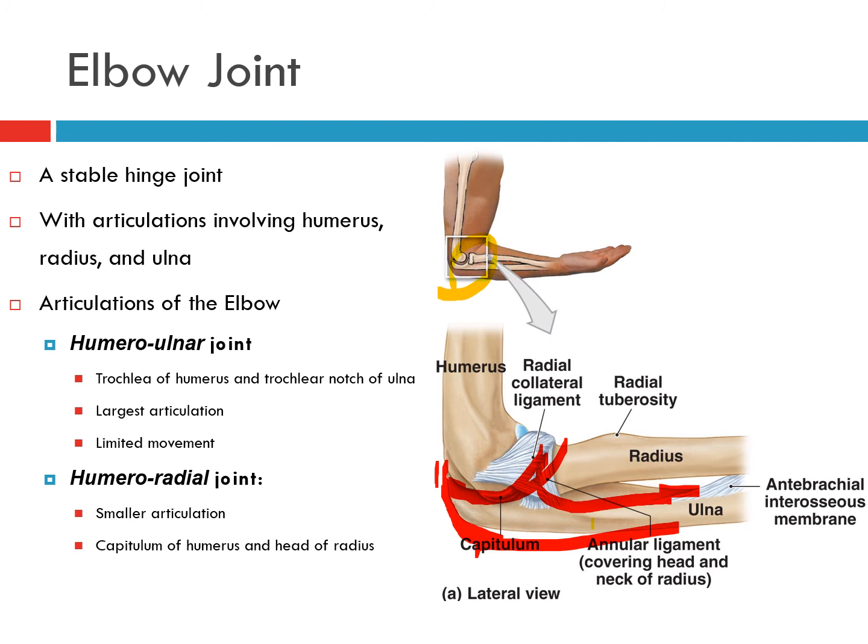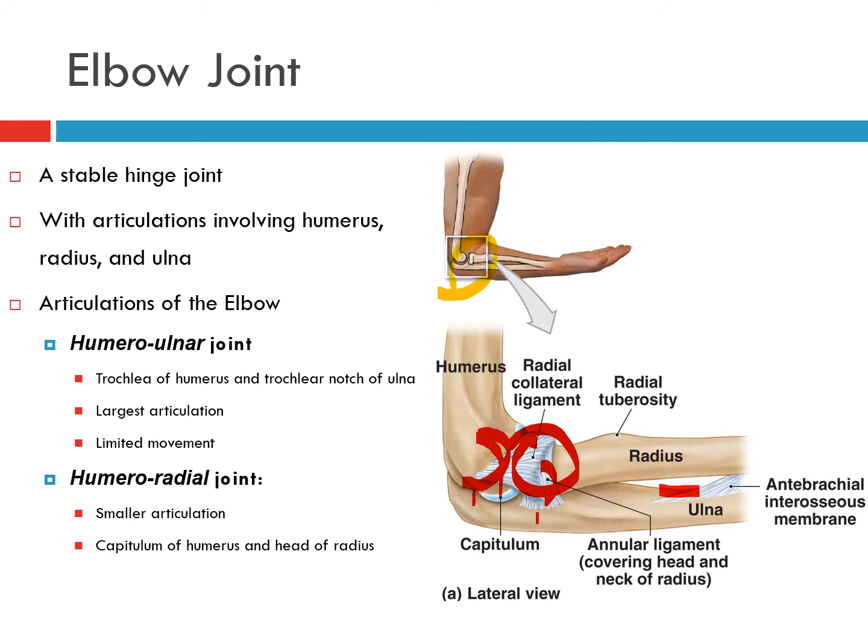The humeral radial joint is a smaller joint. It's here, and it's between the humerus and the radius, which you can imagine from the name. It is the head of the radius that is articulating with the capitulum on the lateral side of the distal humerus.